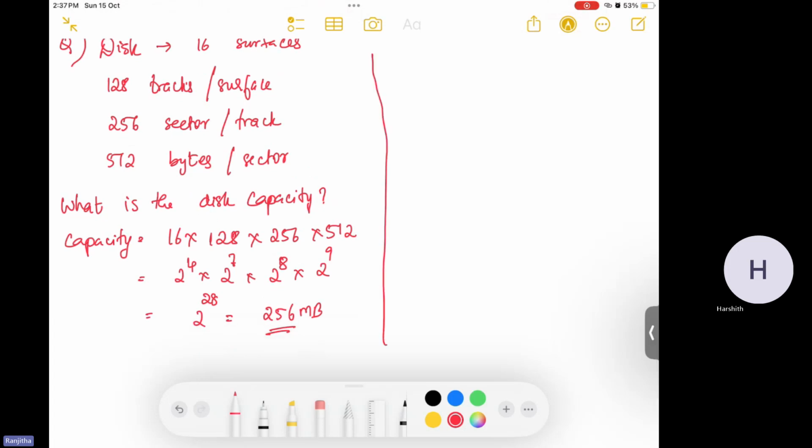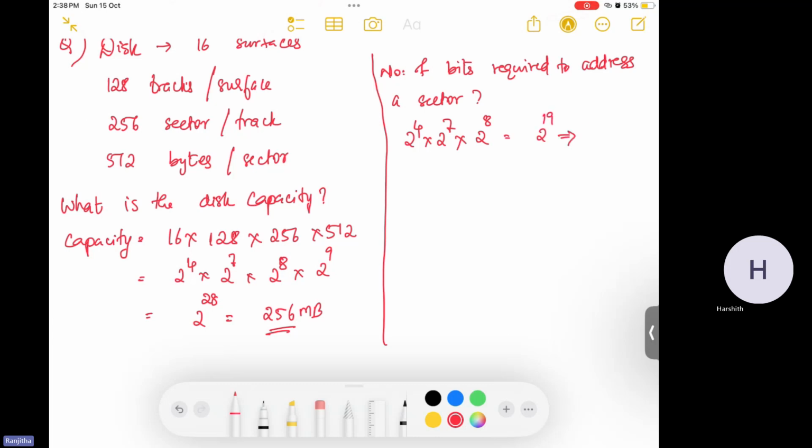Another question from this: what is the number of bits required to address a sector? We have to find the total number of sectors and then decide how many bits are needed to address a sector. The total number of sectors is 2 power 4 into 2 power 7 into 2 power 8, number of surfaces into tracks per surface into sectors per track, which equals 2 power 19.